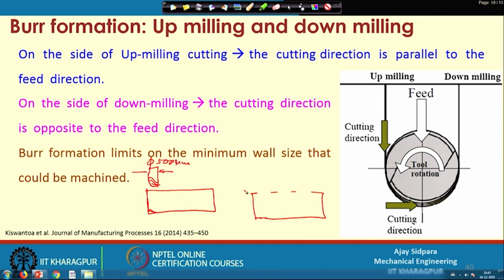So, we are not going to increase the size or width of the channel, but we will keep it the same as it is. So, you do not need to travel your tool more than one time in the same direction. So, let us consider the width of the channel is the same, 500 micron.